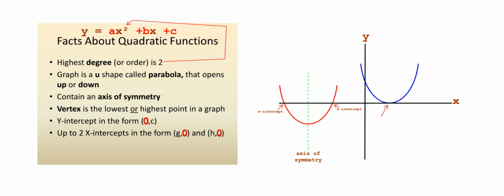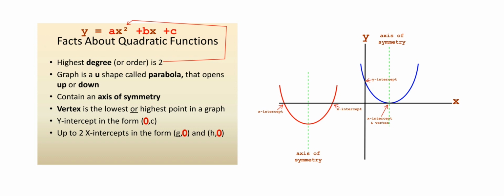Okay, keep in mind, in this case the x-intercept happens to be at the bottom, which happens to be the vertex. So this is another example for us. Likewise, we have the y-intercept. There it is, and we have an axis of symmetry.